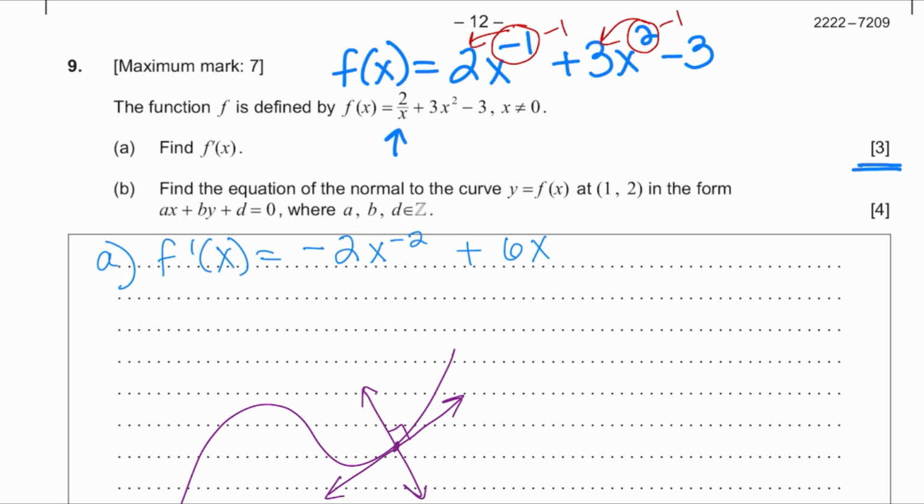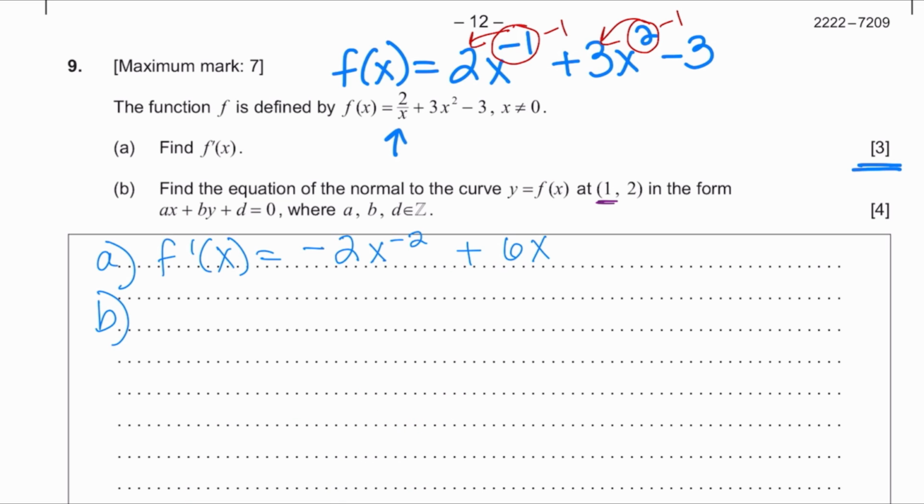The slope of the tangent line is your derivative. So one of the important things for us to do right now is that we're going to have to substitute the 1 into our derivative so that way we can figure out what is the slope at that point. And this, by the way, is not necessarily how this graph looks. I just did a random curve to kind of explain to you what the difference between tangent and normal is.